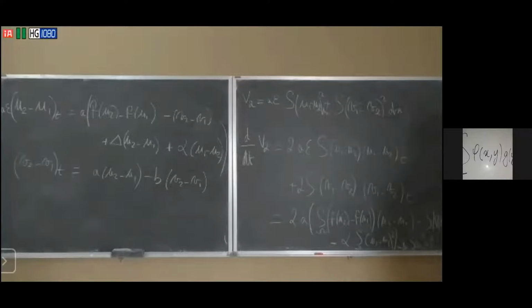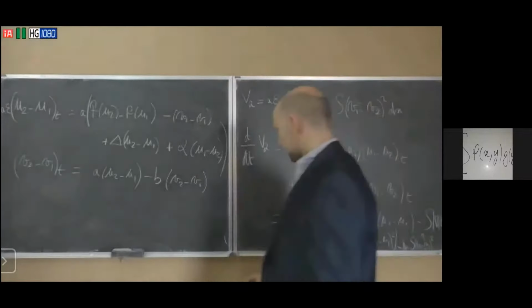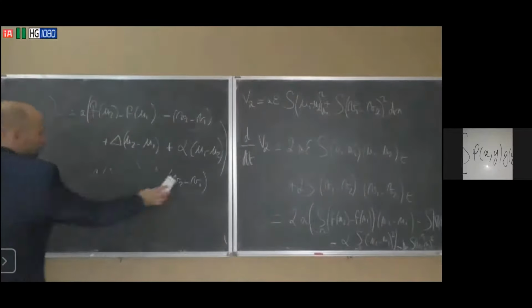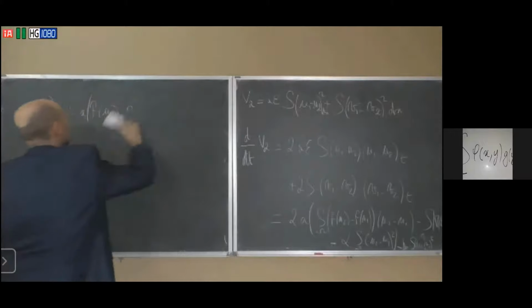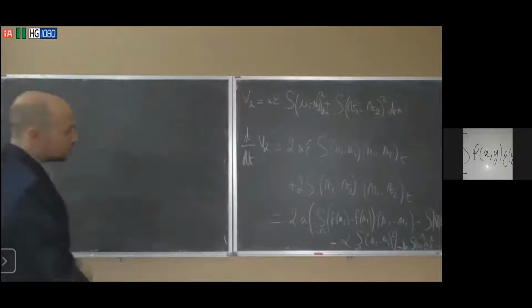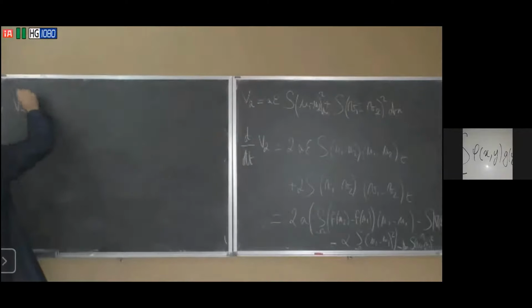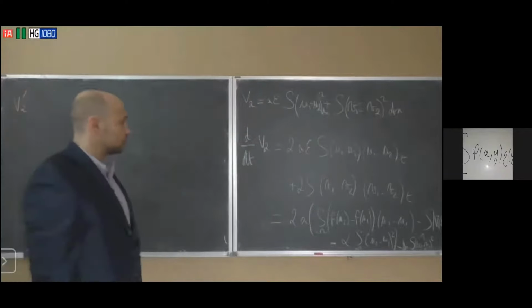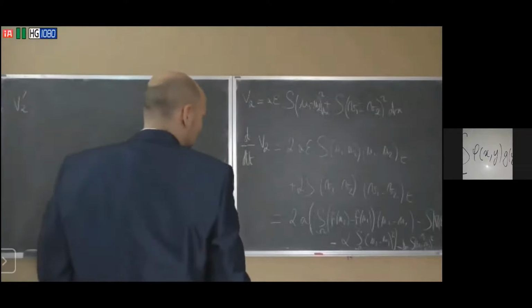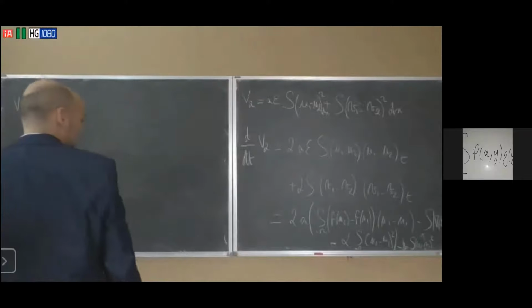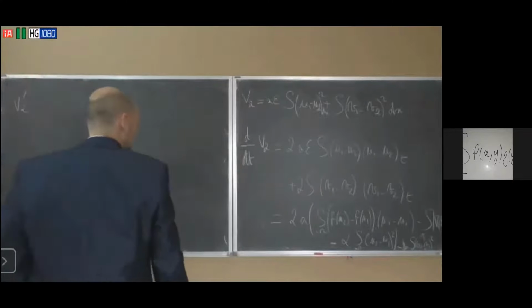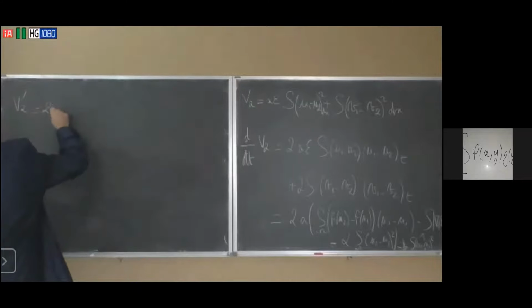All right, now, this means what? This means that the derivative of V2 is 2a.